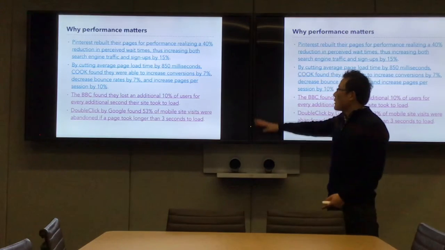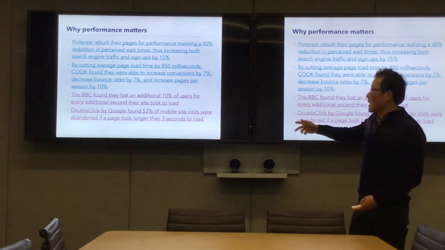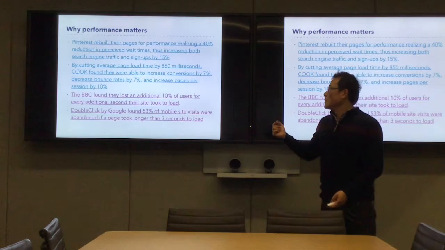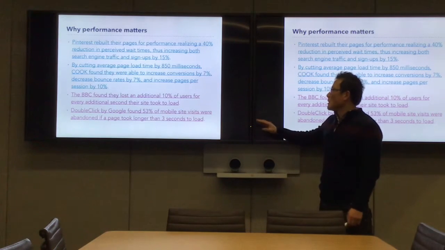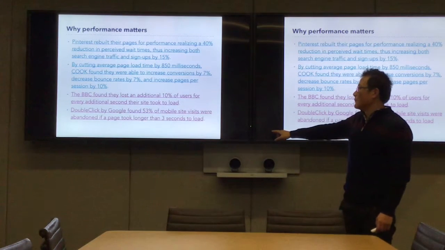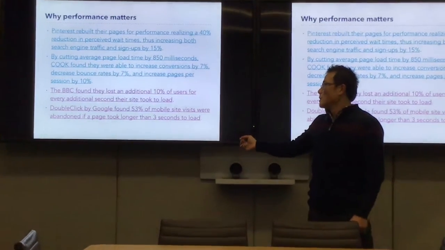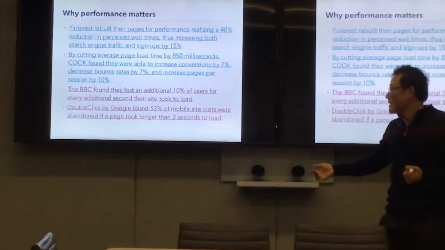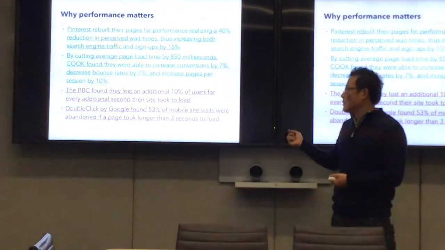The top two blue ones are positive scenarios. By reducing page load time by 850 milliseconds, almost 1 second, you can decrease bounce rate by 7%. On the other side, some negative scenarios. The BBC found they lost an additional 10% of users for every additional second of load.